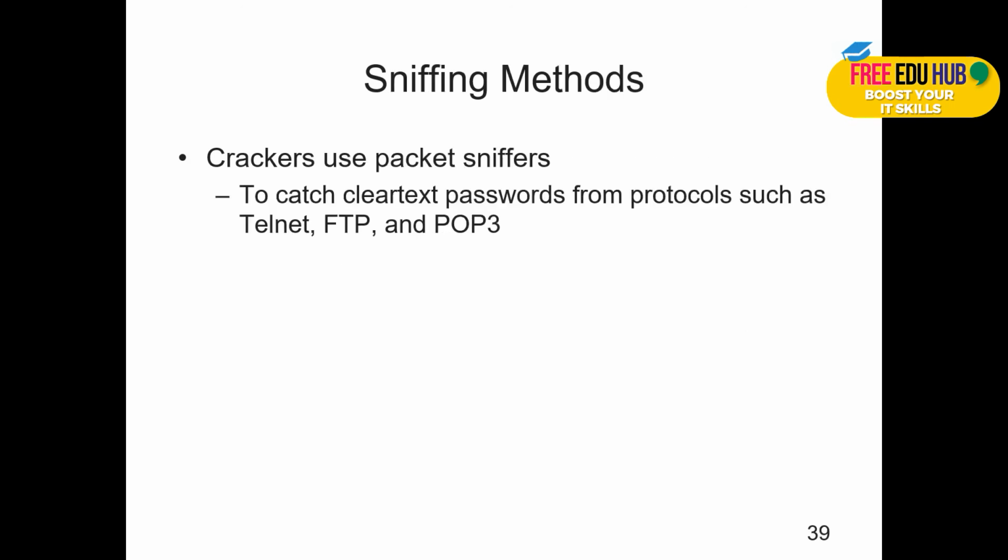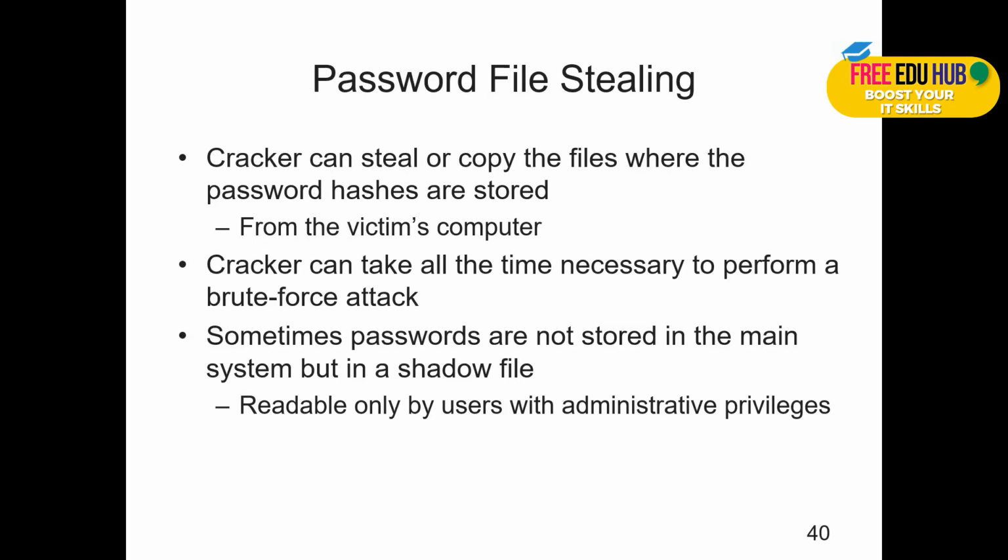And then crackers use packet sniffing tools to catch clear passwords from protocols such as Telnet, FTP, or POP3, where the passwords are flowing on the network in clear text format, and they can easily copy them from there. Now, password file stealing: a cracker can steal or copy the files where the password hashes are stored, just like in Windows.